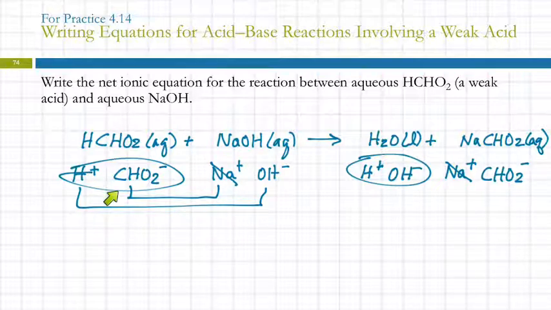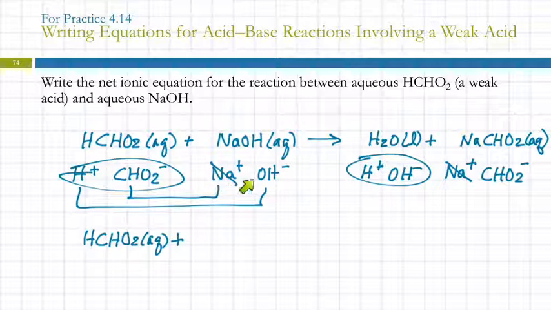So then I'm going to take this one that stays intact and write that HCHO2, aqueous. Here, I don't need the sodium because that was a spectator. I'm just going to write the other ion, so we have the hydroxide ion.